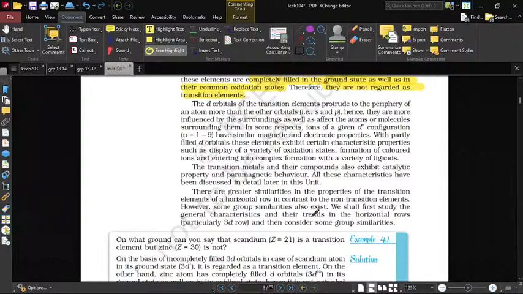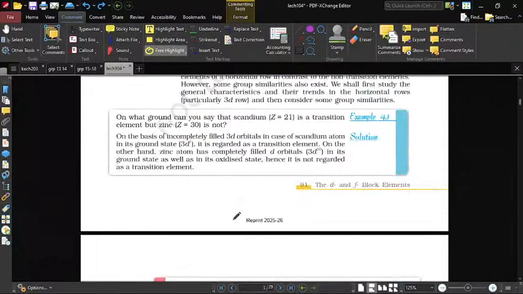All these characteristics have been discussed in detail later in this unit. There are greater similarities in properties of transition elements of horizontal rows in contrast to the non-transition elements. However, some group similarities also exist. We shall first study the general characteristics and the trends in the horizontal rows, particularly 3d, and then consider some group similarities.